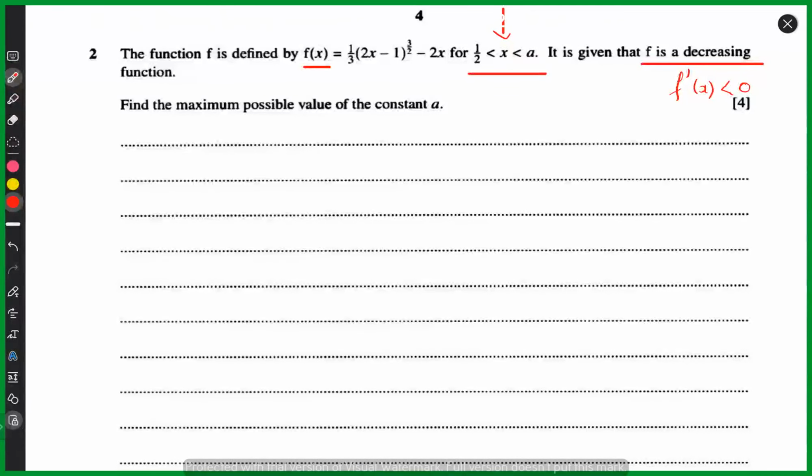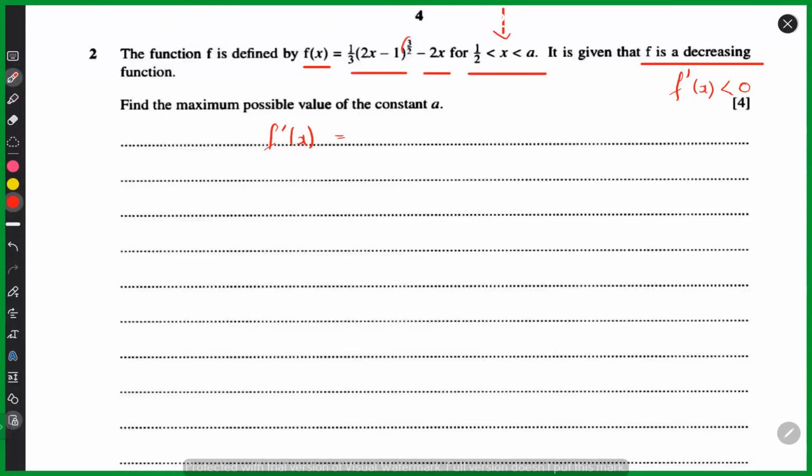Now, f dash of x is what? First of all, you need to figure out that. Okay, now you've been asked to differentiate this. So how do we differentiate? This is a separate case and this is a separate case. Let's talk about the first one.